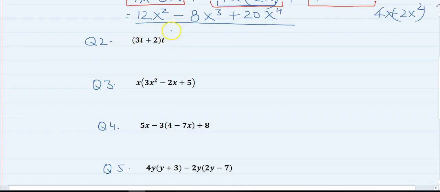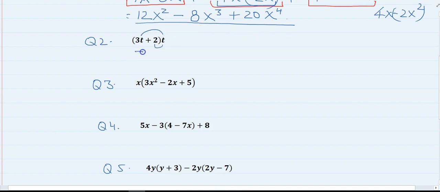Now our example number 2, 3t plus 2 inside the bracket multiplied by t. So the same thing, t will be multiplied by 3t and t will also be multiplied by 2. So we are having two terms in the bracket, so our answer will be two terms.